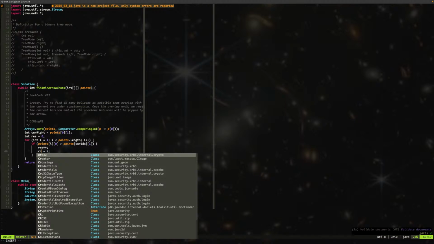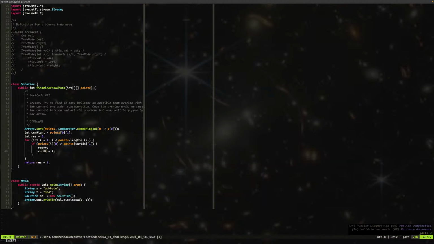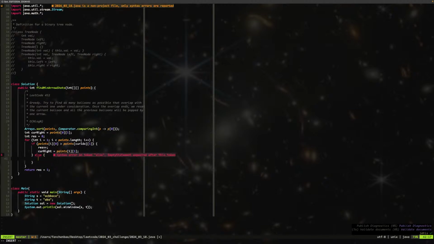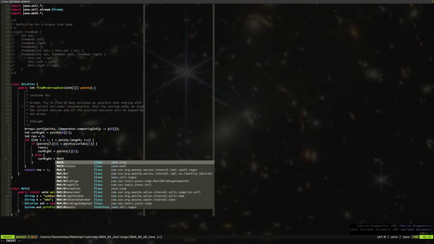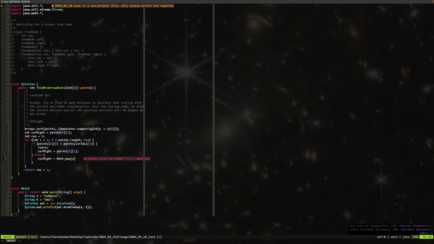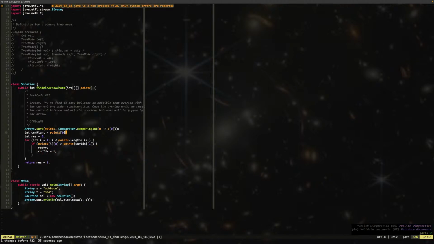Then we say currentRight equals [i][1], and else we say currentRight equals Math.max(currentRight...). That is actually not right. No, I don't like this. I do not like this.